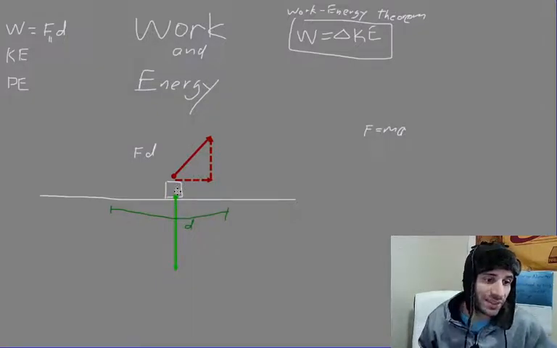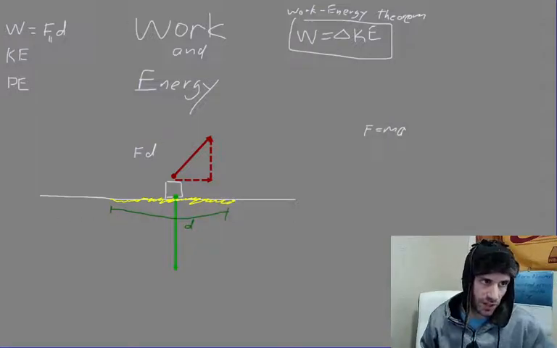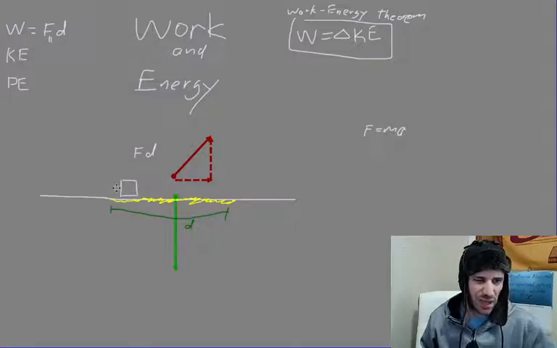Now what if there is friction? Are you still doing work? Does it have to be accelerating for work to be done? So let's say that there is some sort of surface here that has friction to it. So I'm just going to color that in to represent a surface that does in fact have friction. And let's say in that case, you are just getting it to maintain its velocity.